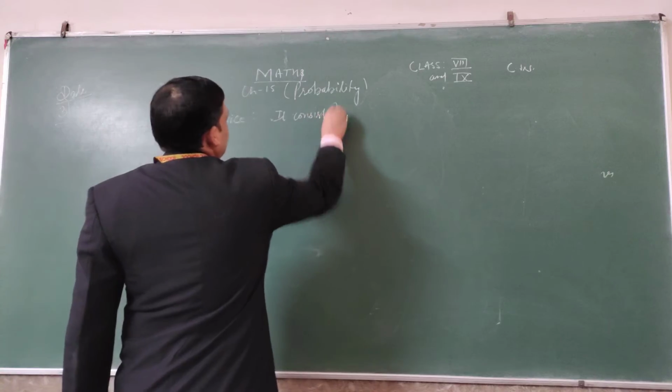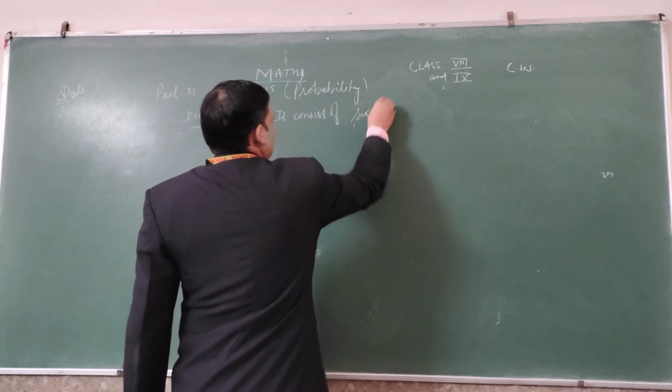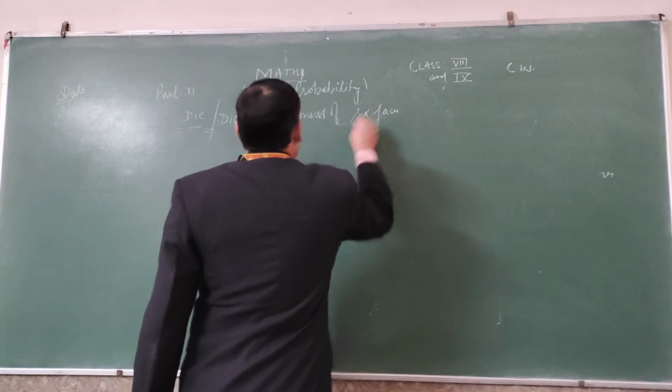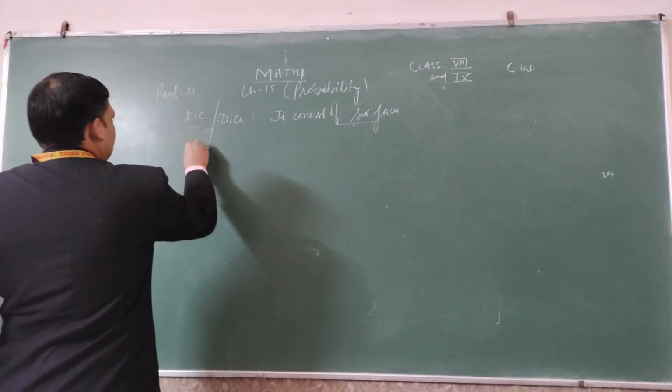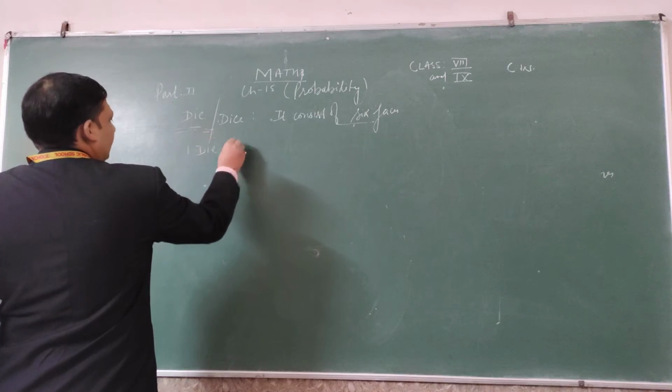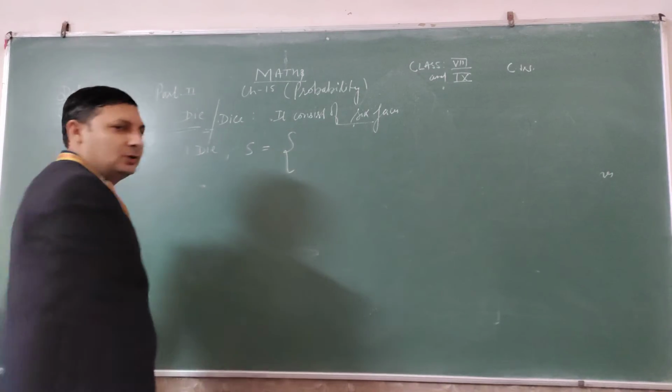Like when we toss one die, we will call the result the sample space. Sample space means total possible outcomes.